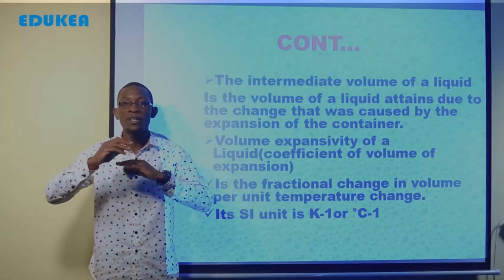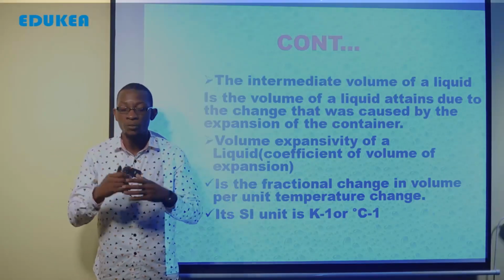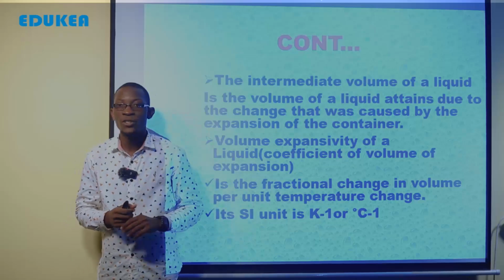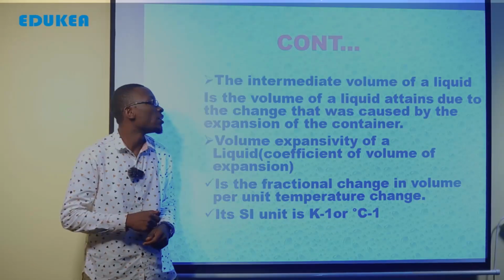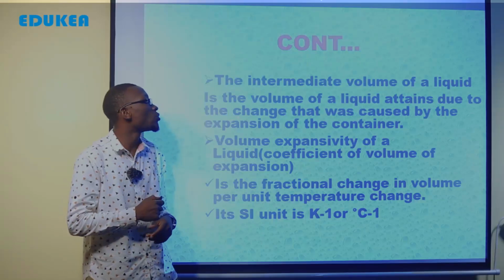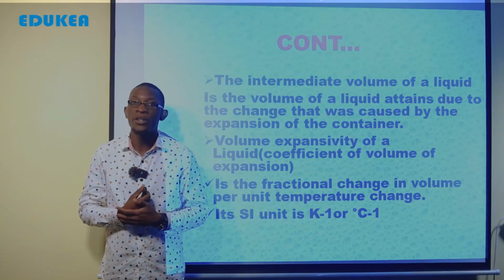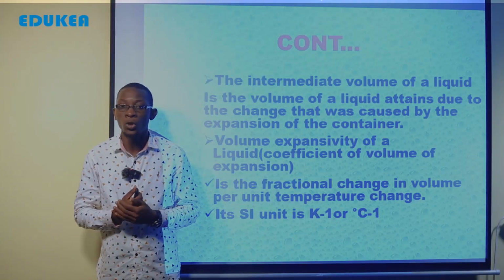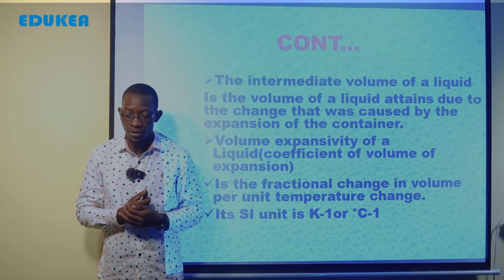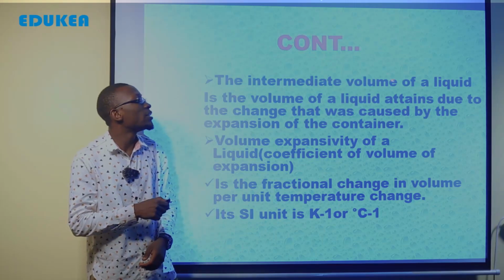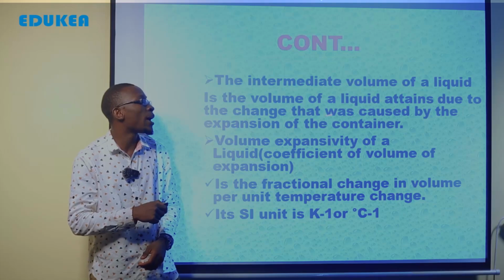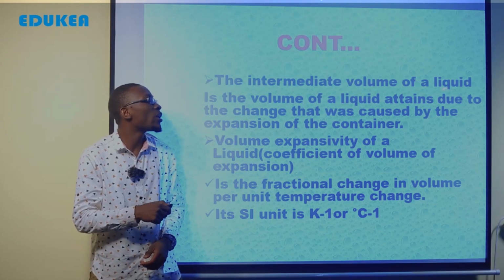So the difference existing between the initial volume and final volume and the intermediate volume is what we call absolute or real expansion of liquid. So intermediate volume, hii ni ile volume ambapo kimiminika kitakapokuwa kimefikia due to change caused by the expansion of the container.